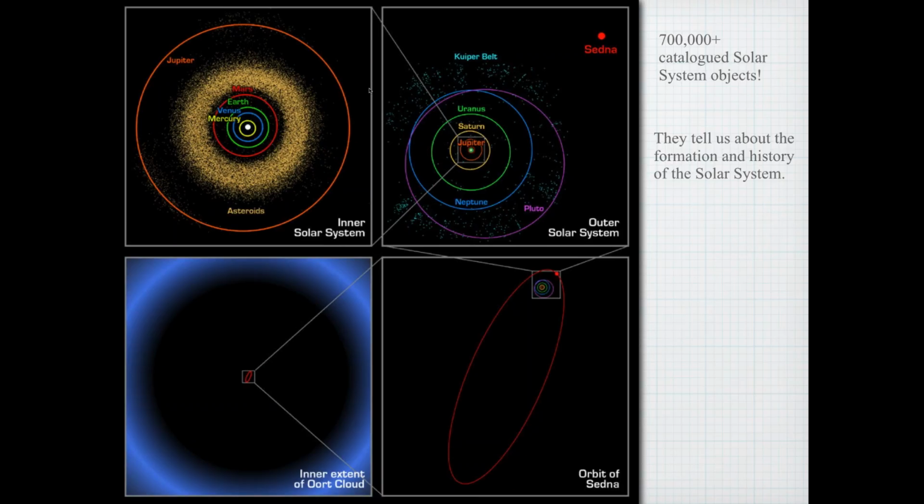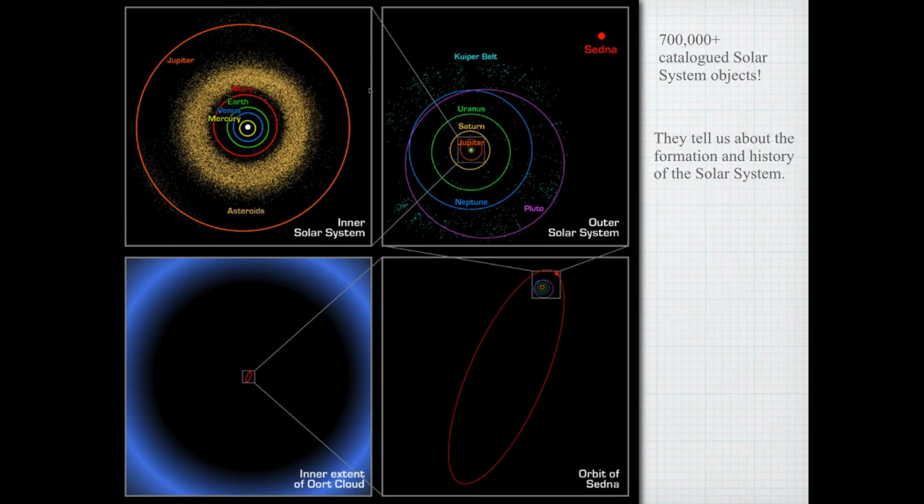Studying certain kinds of objects in the solar system tells us about the formation and also the dynamical history of the solar system. In particular, the objects that are well outside the orbit of Neptune, which is the last big planet in our solar system, not counting Pluto.